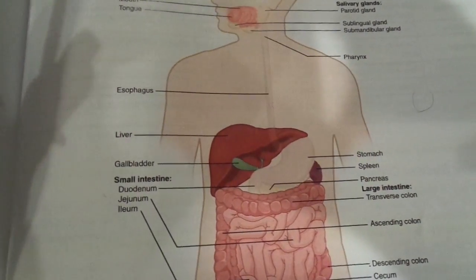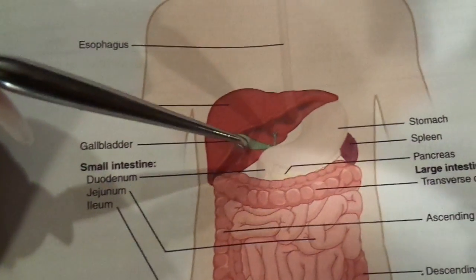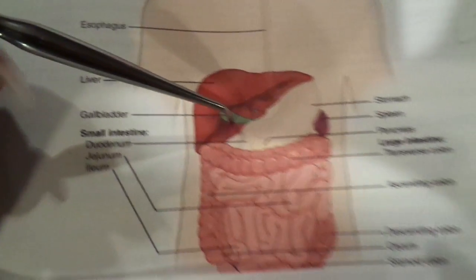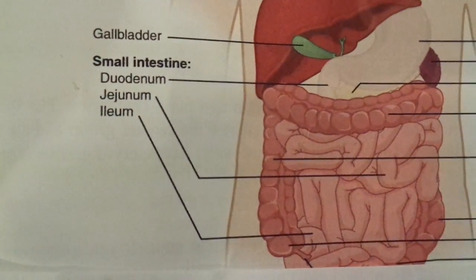The accessory organs include the liver, the gallbladder, and the pancreas, which is right here.